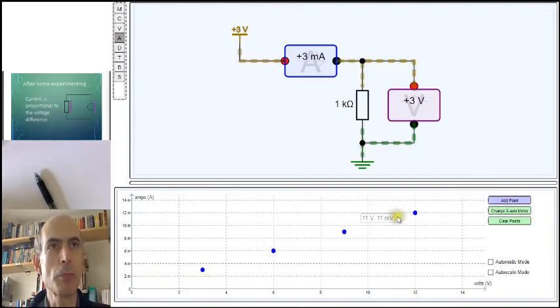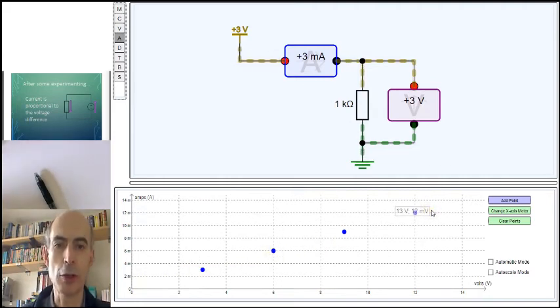And all of these points appear on a straight line. You can build this simulation yourself and check that it is true. For any voltage across the resistor, the current going through, plotted on this graph, would lie on this straight line. And that is what Ohm's law tells you. The current is proportional to the voltage.